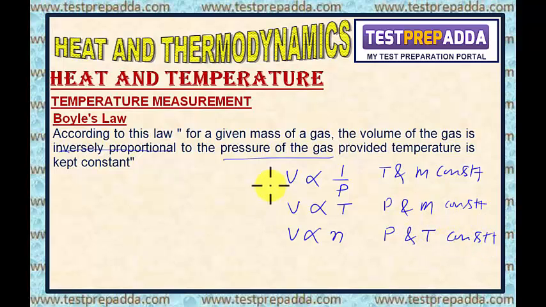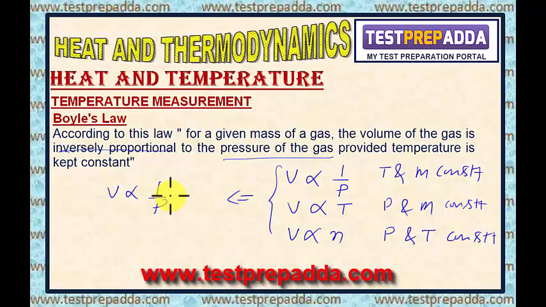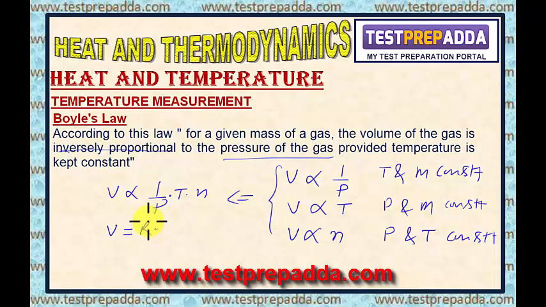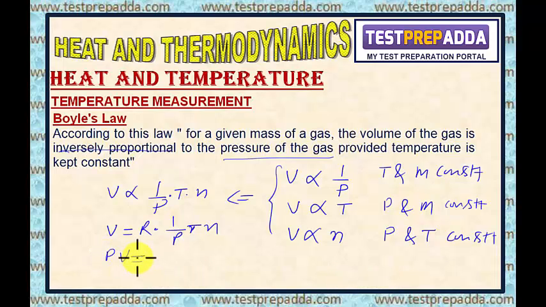Now if I combine these three, I get V proportional to 1 by P into T into n, or I can write V is equal to, since I remove the proportionality sign and write an equality sign, I have to write a proportionality constant, that I am writing here as R. So the equation becomes PV is equal to nRT.